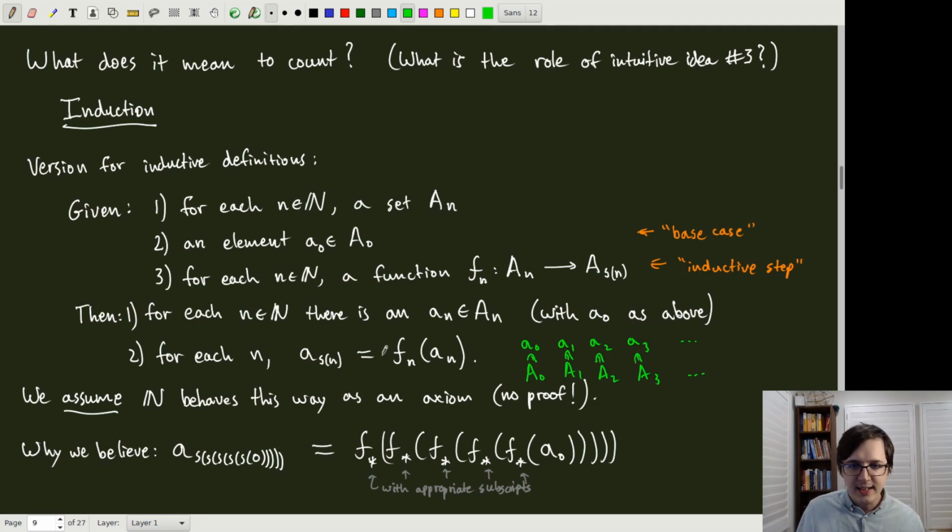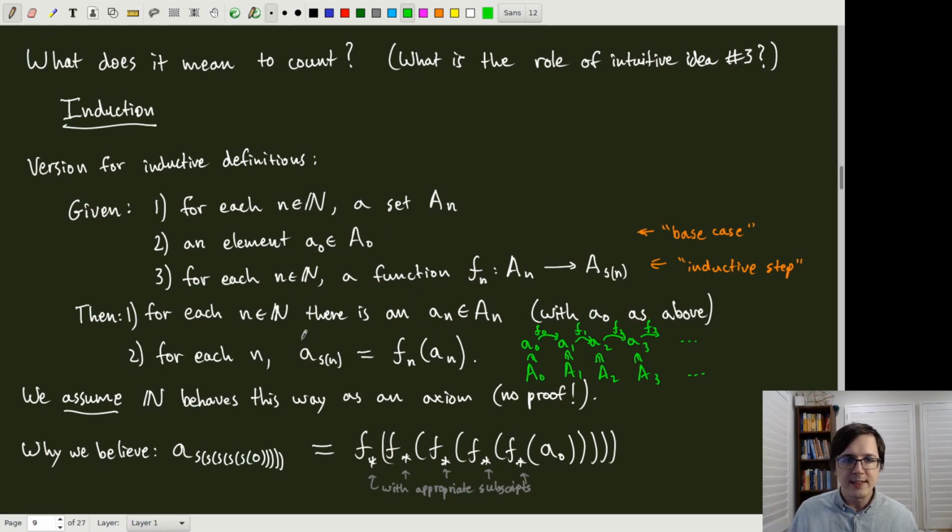And then the relationship between all of them is that the next one comes from applying the previous function. And so on.